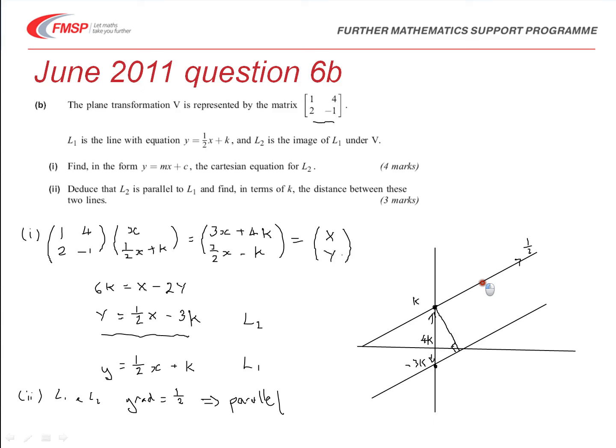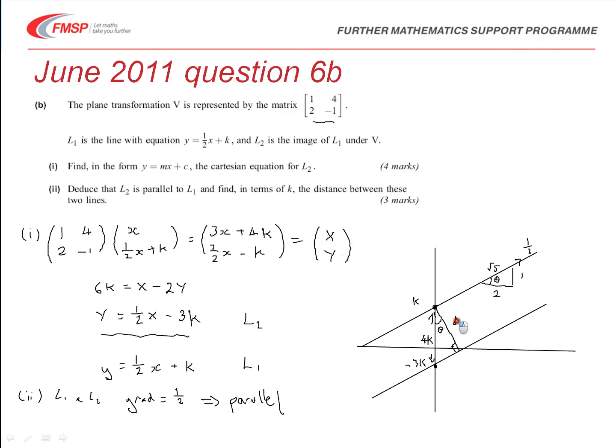Now, if we look at the gradient of a half, we know if that's 1, that's 2, this angle in here is theta, so tan of theta equals a half, and that distance would be root 5. Now, if that angle there is theta, then in our triangle that we have, this angle in here must also be theta.